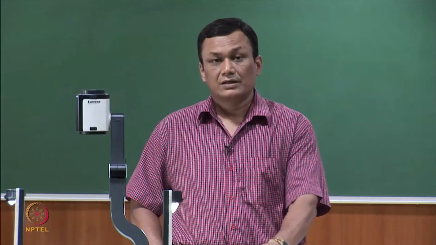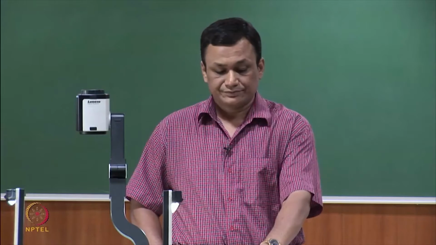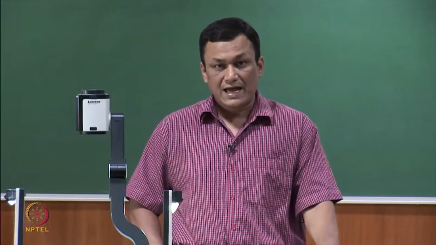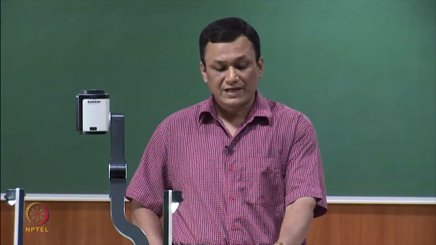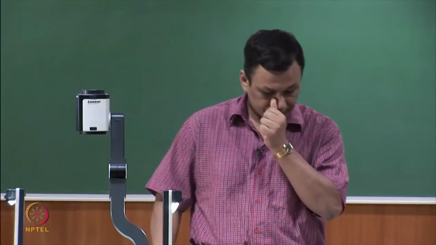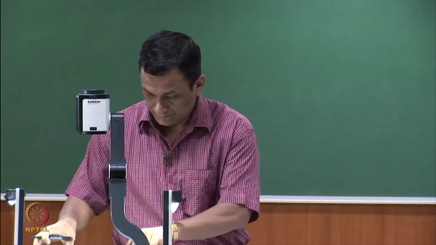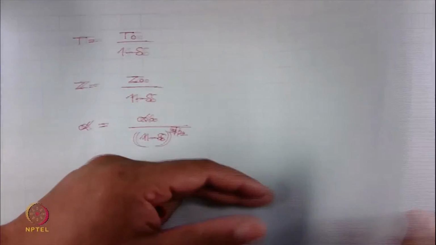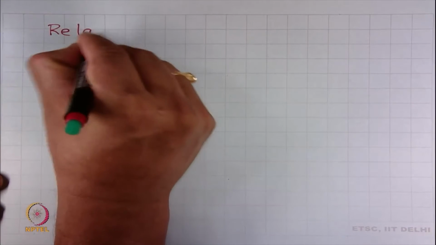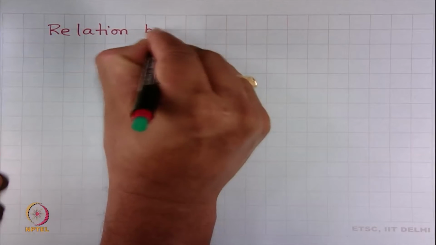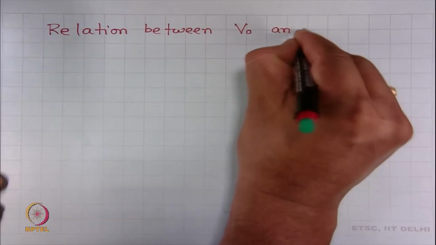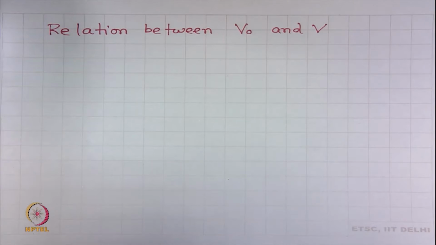Now, we will have one important assumption. What is this important assumption? The important assumption is about the relation between V and V naught. You remember what was the relation between V and V naught? What is V naught?